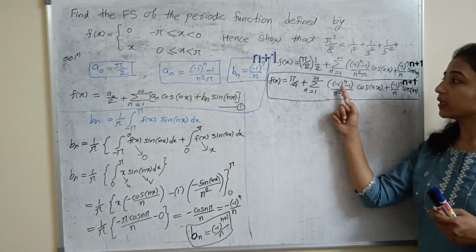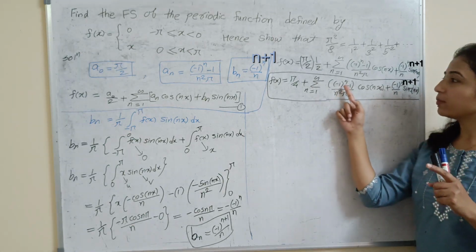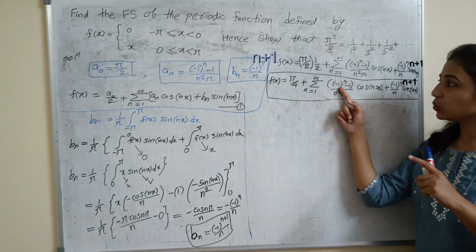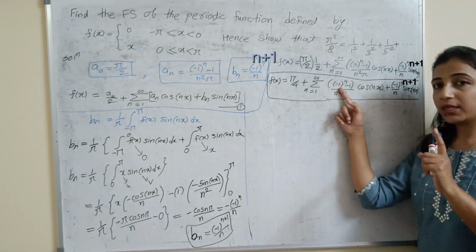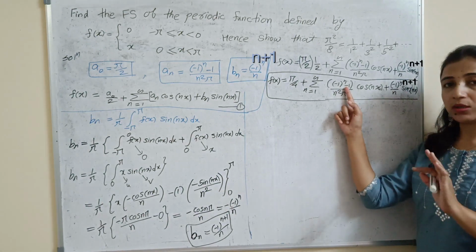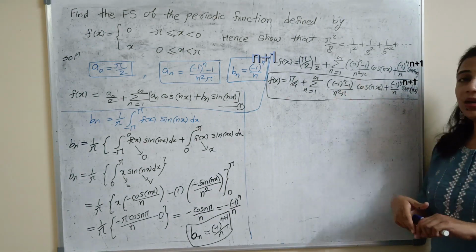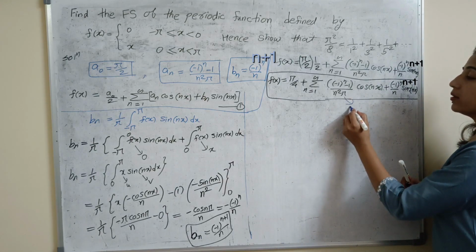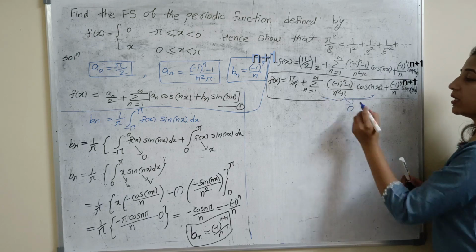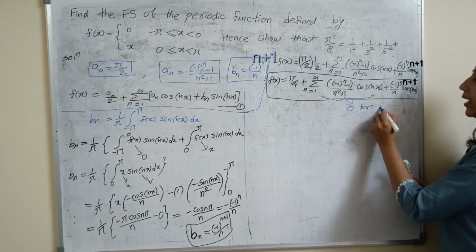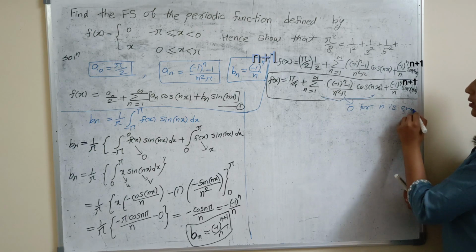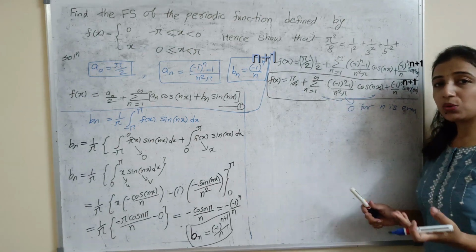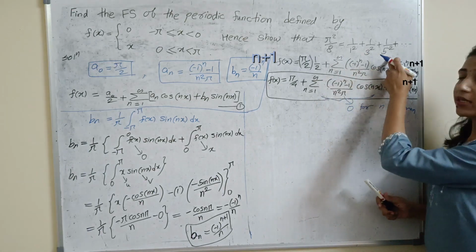If n is 2, then minus 1 power 2 is 1, and 1 minus 1 is 0, where the summation varies from n equal to 1 to infinity. So for every even number it gives the answer 0. This term is completely 0 for even n, so it exists only for odd numbers. So you will get this type of series.